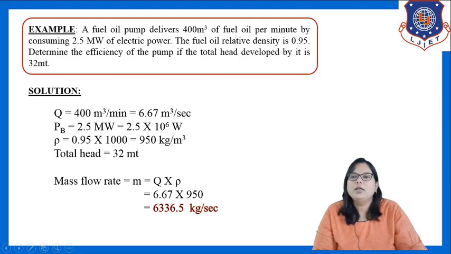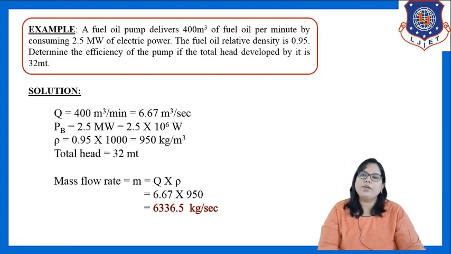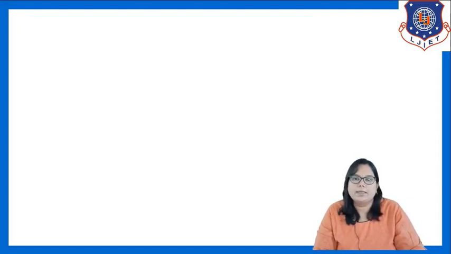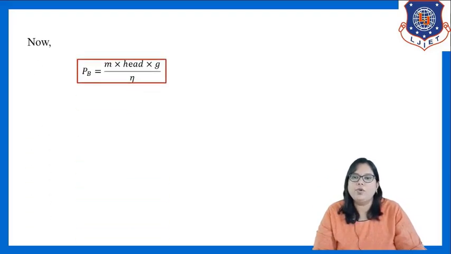Q is volumetric flow rate and rho is density. So Q into rho, which is 6.67 into 950. So mass flow rate is 6336.5 kg per second.